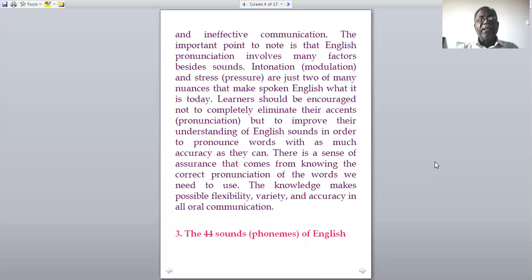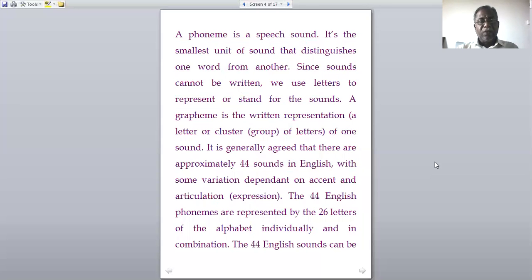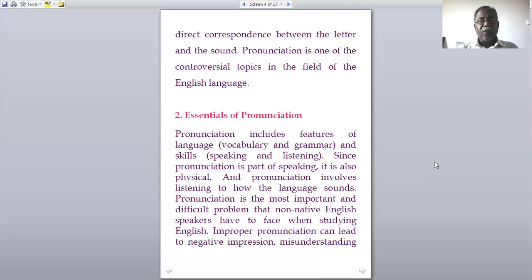Negative impression, misunderstanding and ineffective communication. There are three things. First one, negative impression. If I speak wrongly, people will laugh at me or they will underestimate me. They will give a poor score for me.